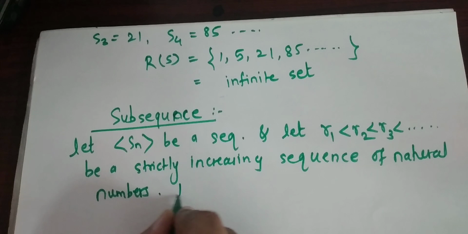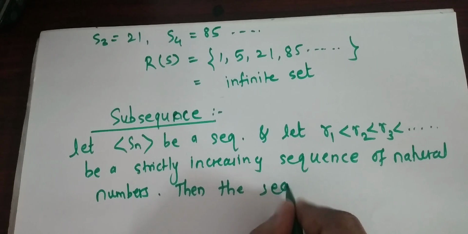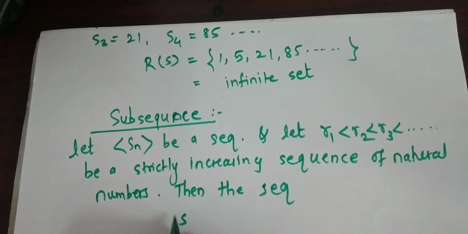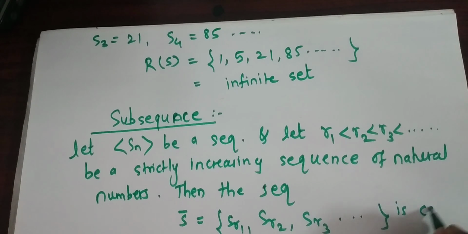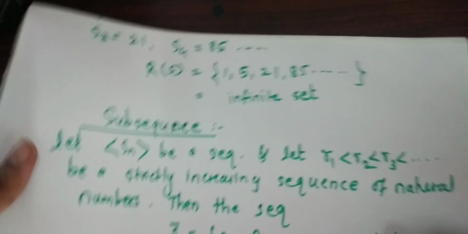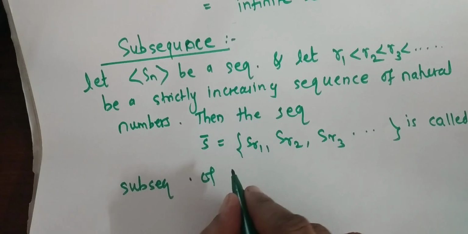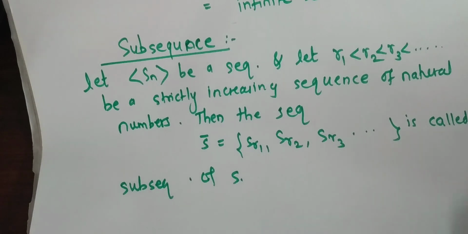Then the sequence S bar, S R1, S R2, S R3 is called a subsequence of S.